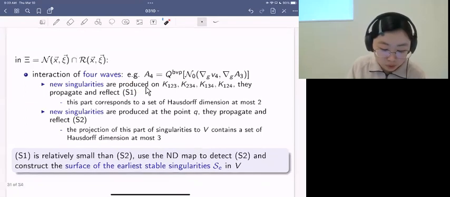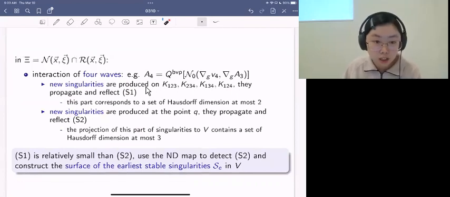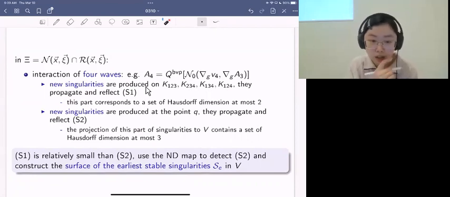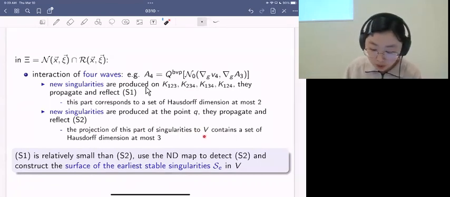And the second part of new singularities is produced at the point Q. Q is an intersecting point of the four null geodesics. This part of singularities will propagate and reflect, but they correspond to the light observation set in a way. So they contain a three-dimensional submanifold.